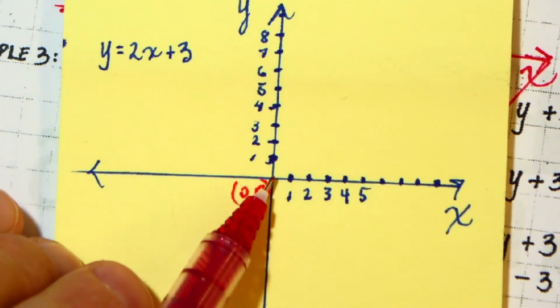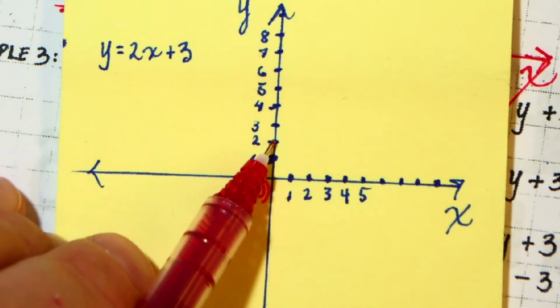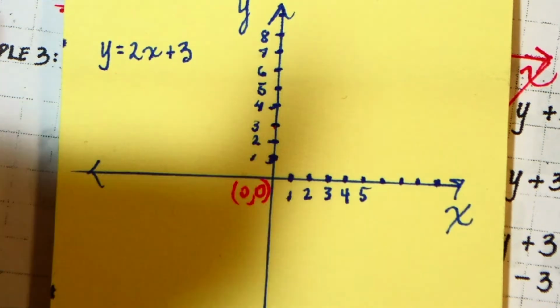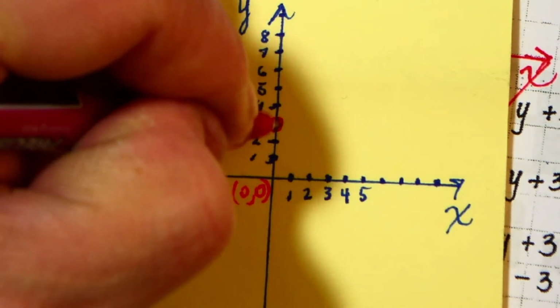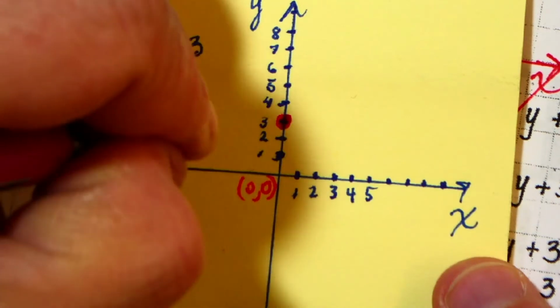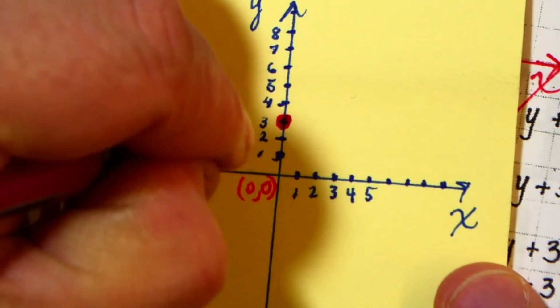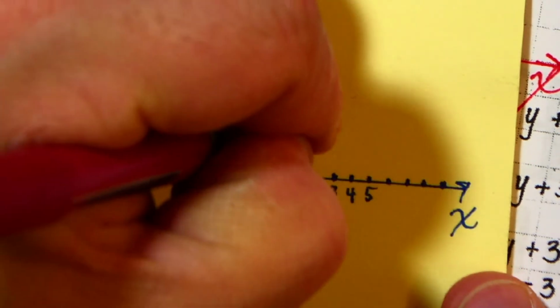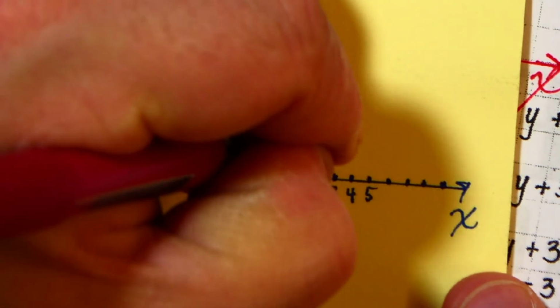And now I go up 3 on the y-axis. Up 1, up 2, up 3. Okay? I'm going to put a dot right there. This is my y-intercept. Importantly, its coordinates are 0, 3.